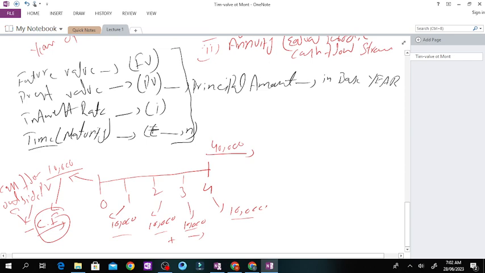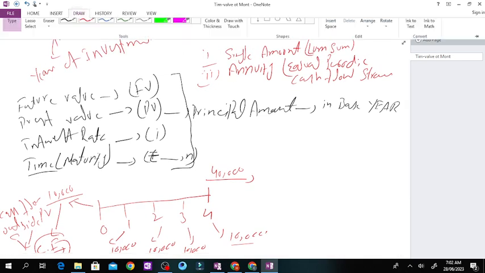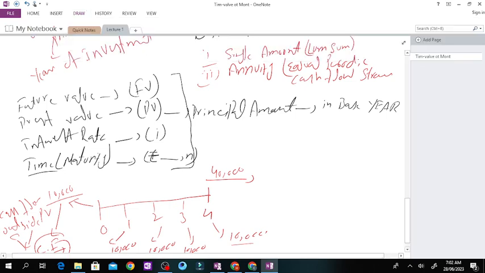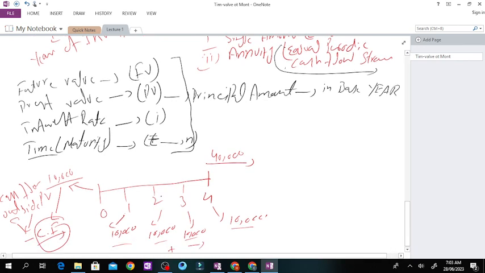So what I am saying is equal periodic cash flow stream. What you are getting is an equal amount every year: 10,000, 10,000, 10,000, 10,000. That becomes equal periodic.